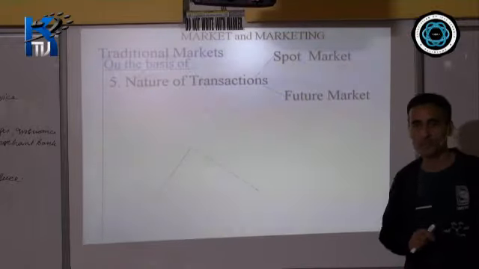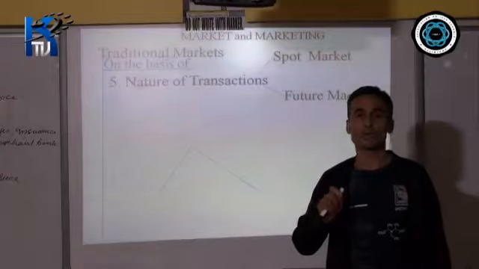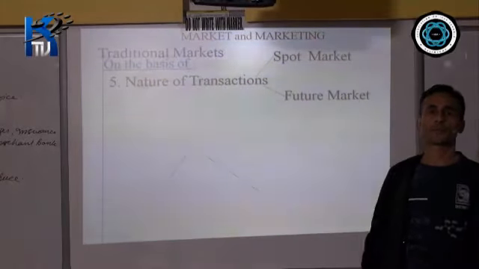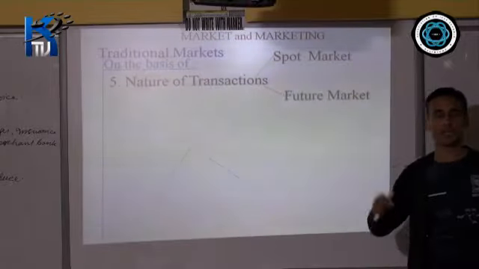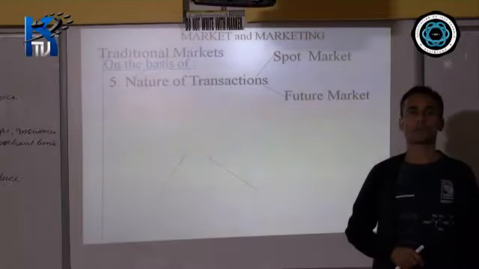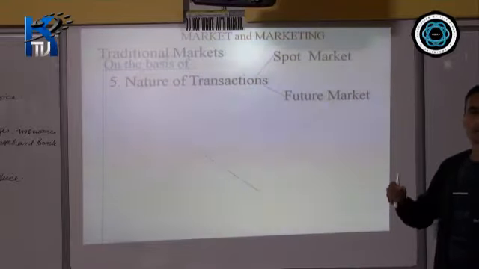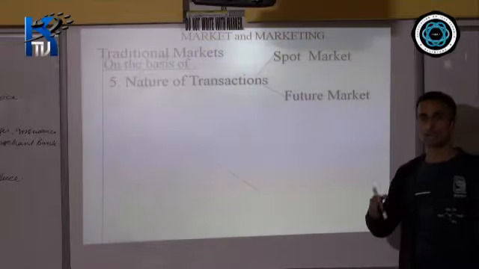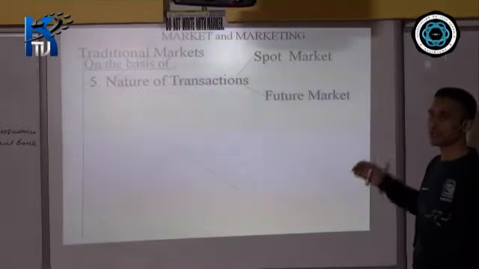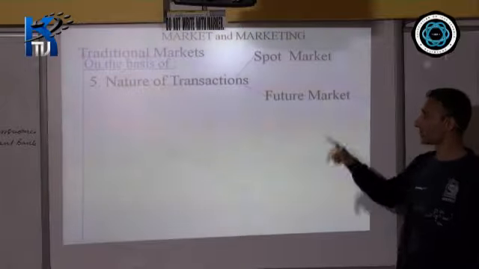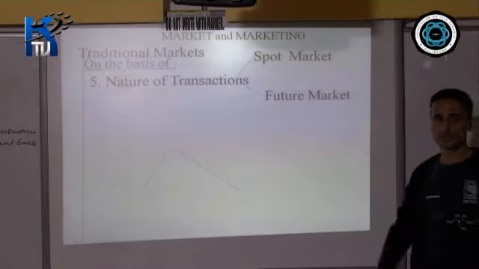But the question comes, how do they earn profit or loss when there is no physical delivery of goods? This mostly happens in the stock markets or commodity markets. Here, the profit or loss will be determined according to the fluctuation in the price of that product, and that profit or loss will be settled in this future market.